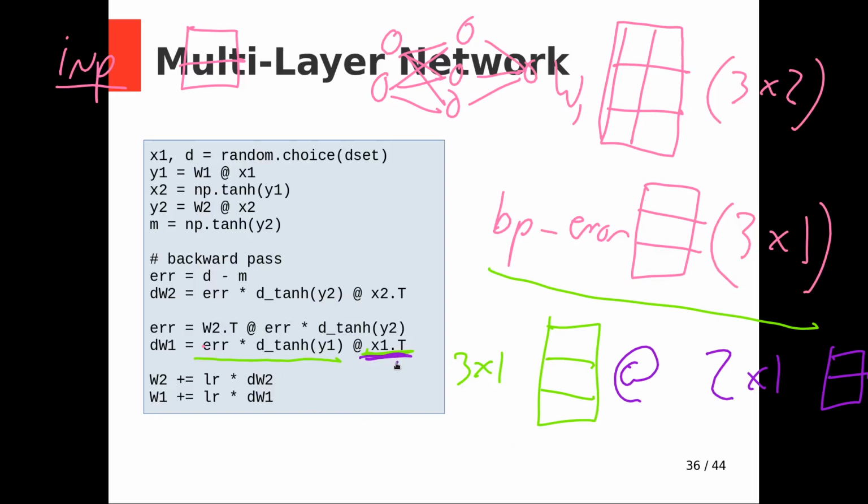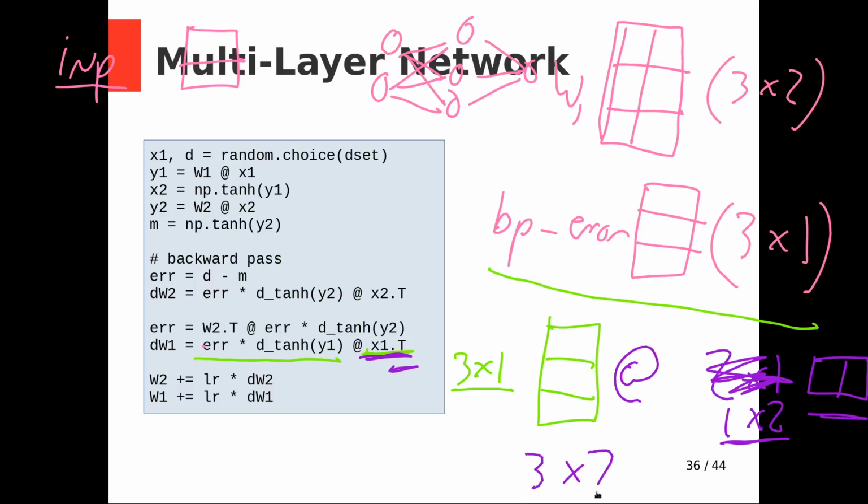Oh, it's transposed. So our 2 by 1, because it is transposed, right, dot T, becomes a 1 by 2. And a 3 by 1 times a 1 by 2, because our 2 by 1 is transposed, produces a 3 by 2, right? That is our weight updates. And yes, that is the thing that we wanted, right?